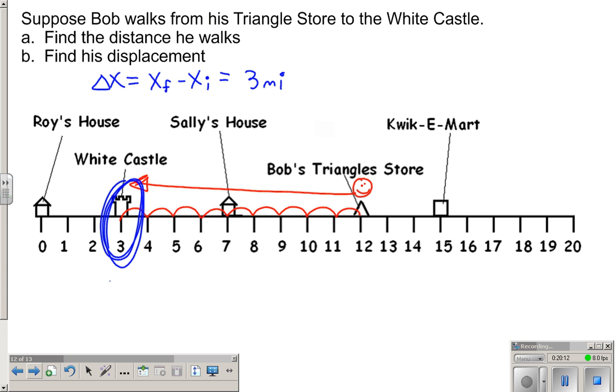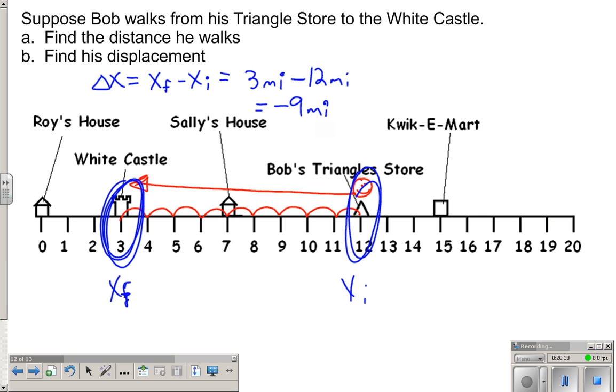Sorry, that's his final position. And his initial position was 12 miles. So you just subtract. But the important thing to remember is you do final minus initial, not the other way around. You take the ending position and subtract the starting position, which is sort of contrary to the way you'd think it is. So you end up getting negative 9 miles.